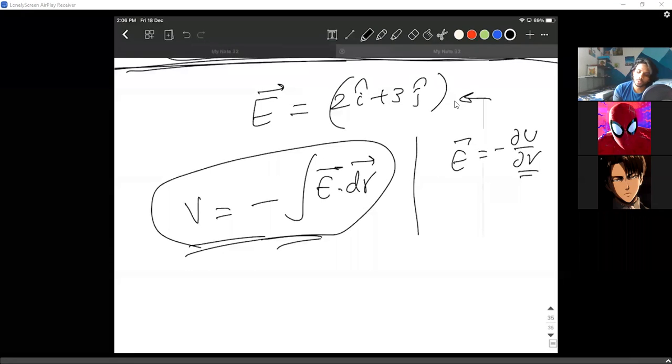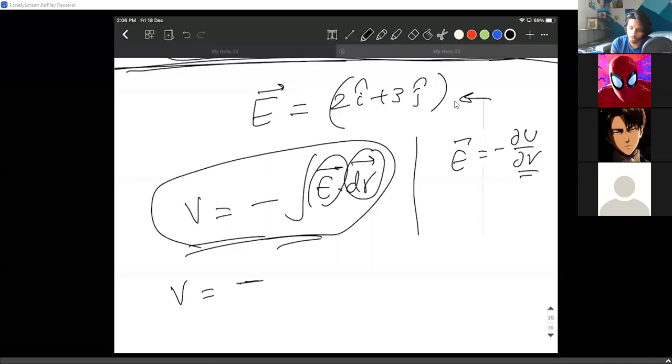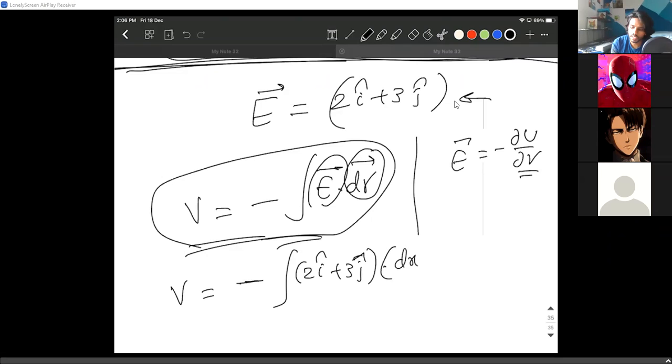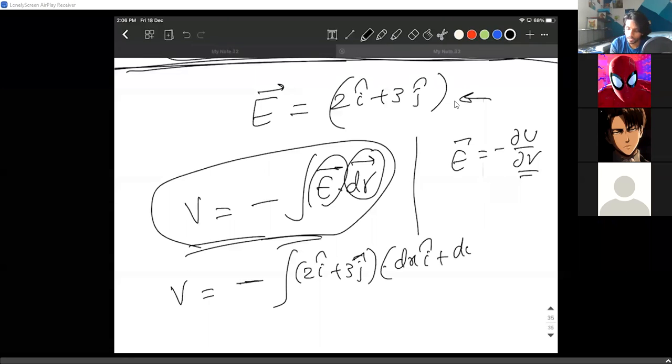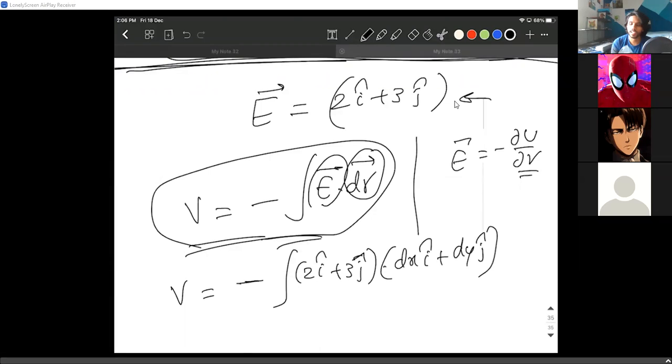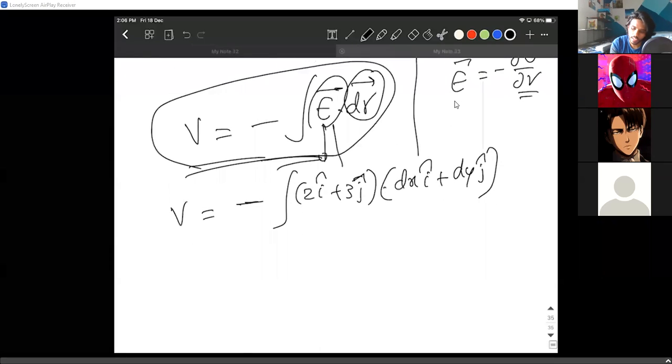Now, what you need to do is, the integration is a bit tricky. All you need to do is divide this into x parts and y parts separately. I'll show you how to do it. 2i cap plus 3j cap. Somebody was asking how to do differentiation with integration with vectors involved. You see what I did there? I wrote the field normally.